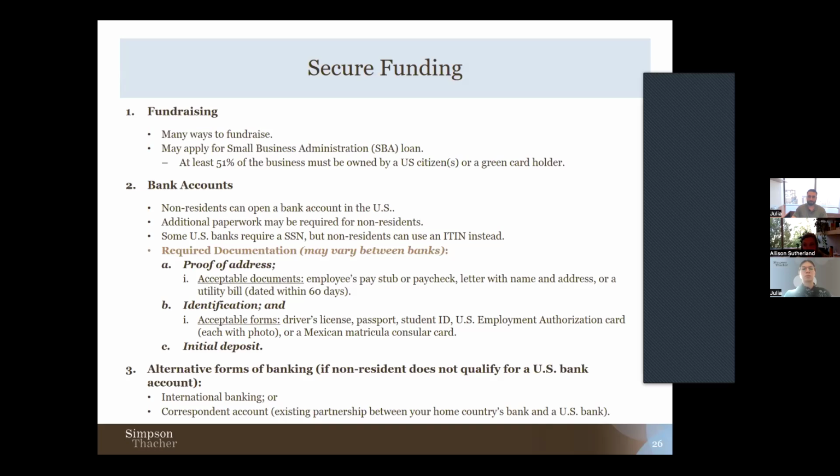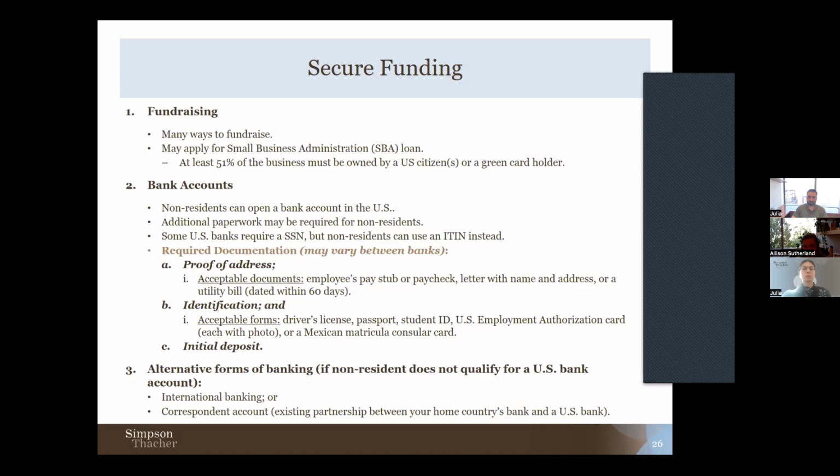But commonly requested documents are your proof of address. And acceptable documents for that will include things such as a pay stub or a paycheck, a letter with your name and address, or a utility bill, as well as identification. And again, this could be a driver's license, a passport, student ID, an authorization card, or a national card.